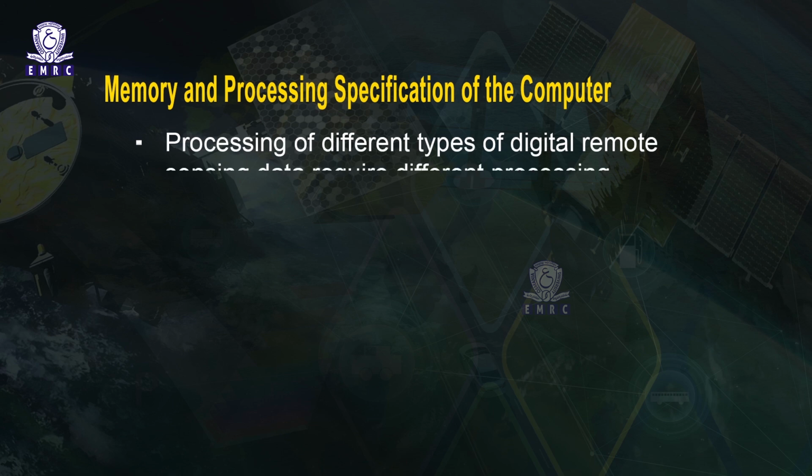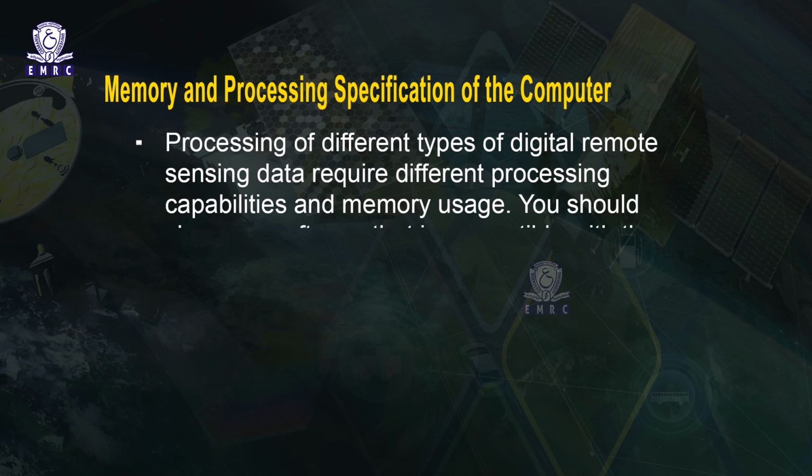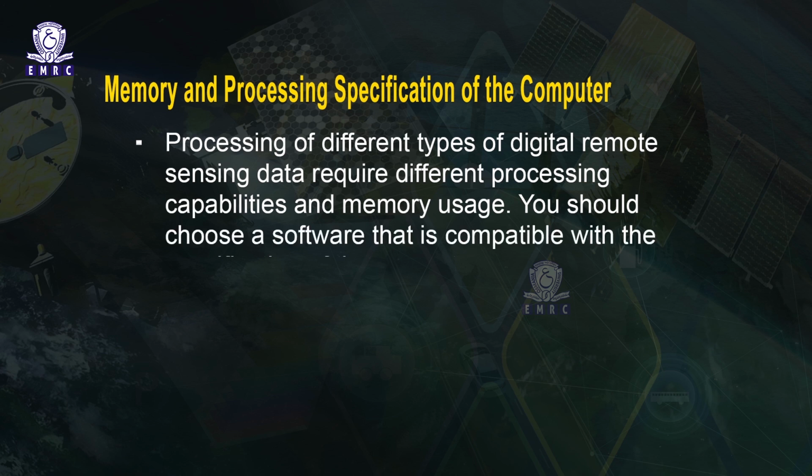Processing of different types of digital remote sensing data requires different processing capabilities and memory usage. You should choose software that is compatible with the specification of the computer. You have to buy a computer with the minimum specification that is required to process the data of your interest.